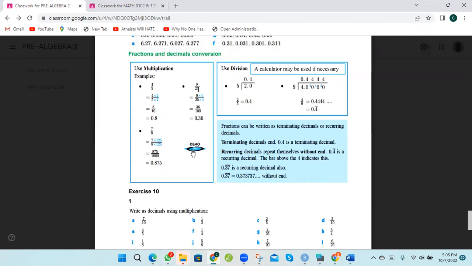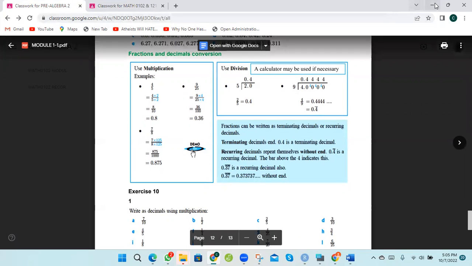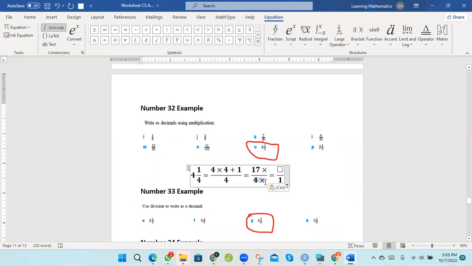What about 25? 100. What about 8? 8 cannot go into 10, it cannot go into 100, but it can go into 1,000. So it's numbers that have a 1 and some zeros. So you start with 10. 4 cannot go into 10, but 4 can go into 100. How many times can 4 go into 100? 25 times. 4 by 25 will give us 100.